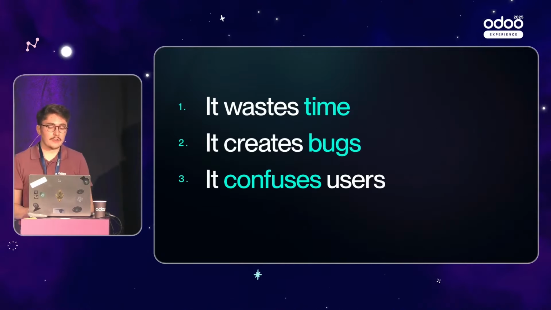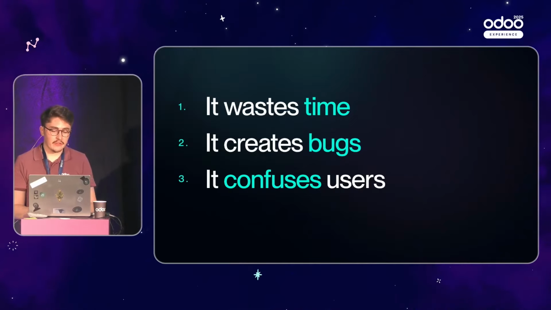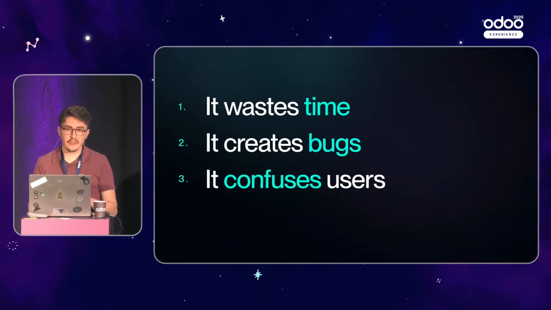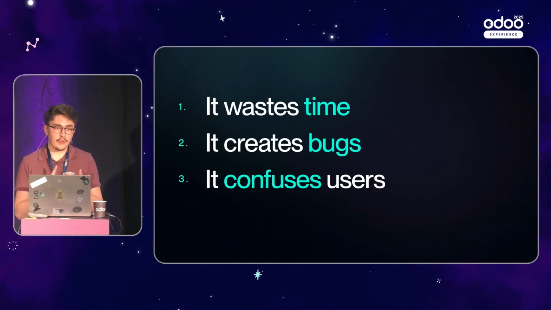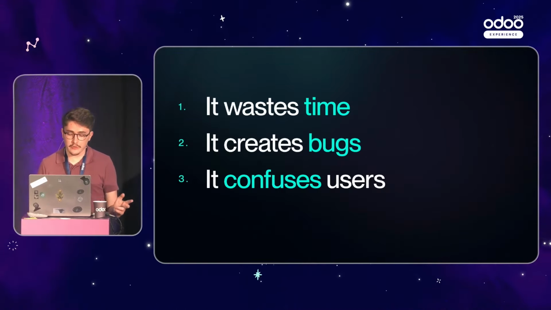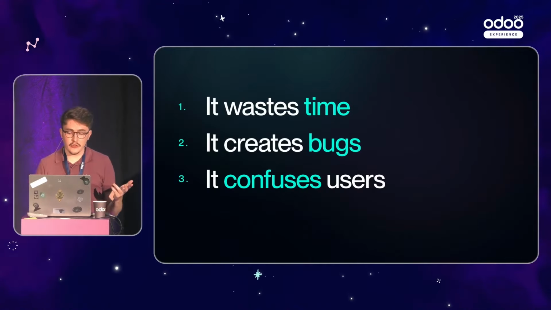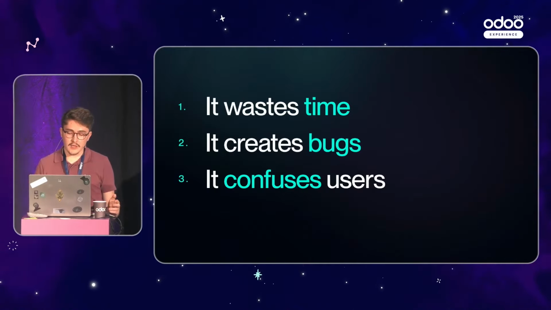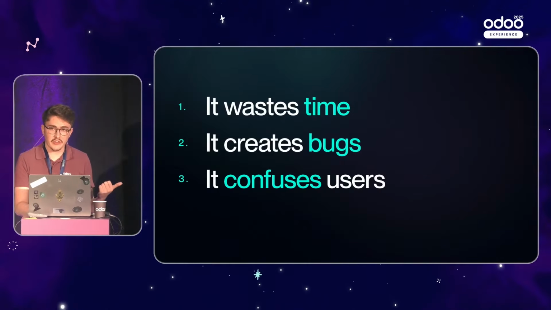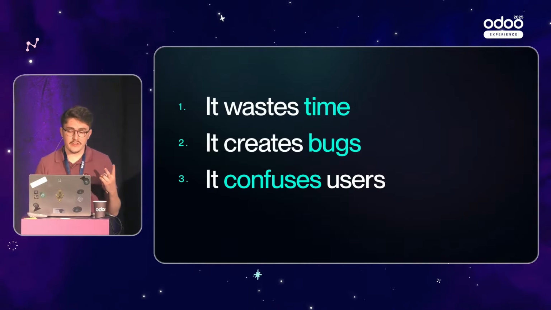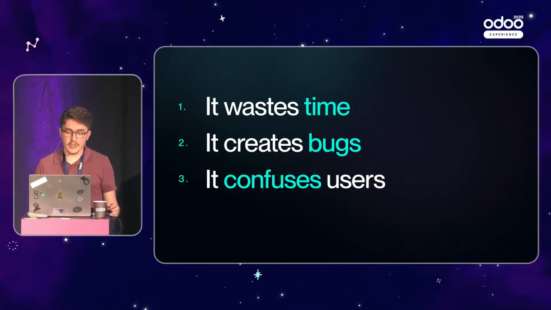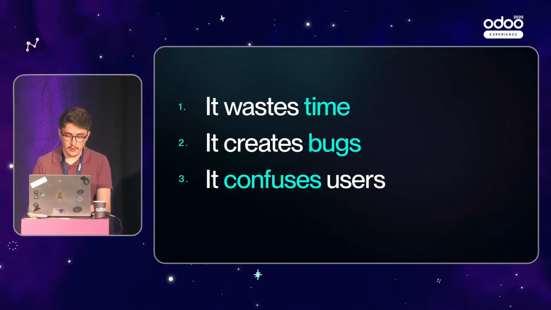So what are the highlights of inconsistencies? First, it wastes time. We showed that with multiple buttons, you need to maintain each of them, so it's a waste of time. It creates bugs, because if you update the default primary button, well, the one we showed before won't be updated. So you will have two different designs of buttons existing in your interface, which is terrible.